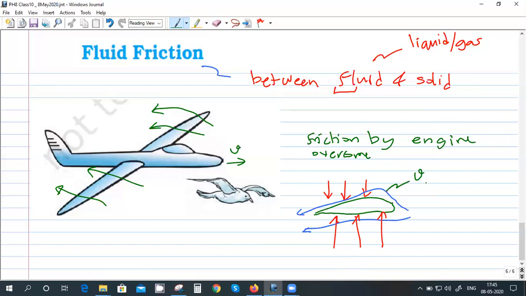The velocity at the top, say V1, and the velocity at the bottom, that is the velocity of the air, V2. Which one is more, V1 or V2? So V2. Okay. V1 is more.